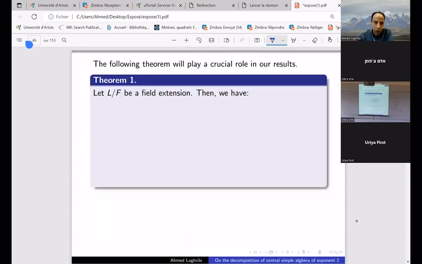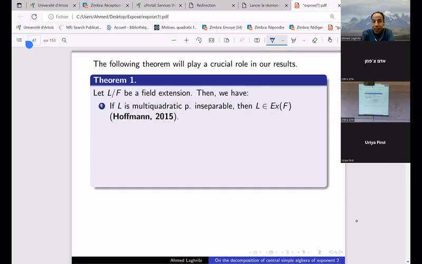So we have a theorem which will play a really crucial role in our results. Let L/F be a field extension. Then we have the following. If the extension is multi-quadratic, purely inseparable, then L/F is excellent. This is a very important result that was proved by Hoffman in 2015.